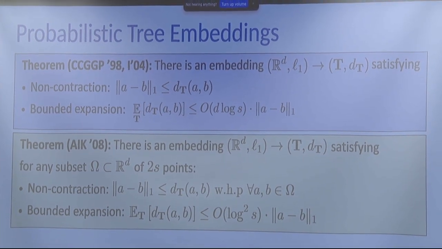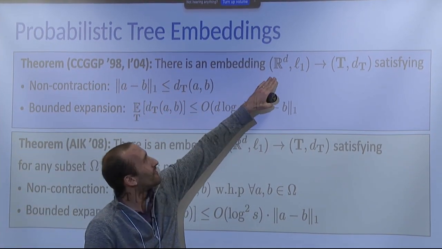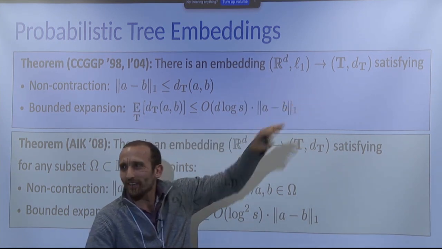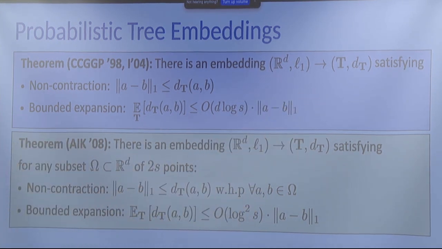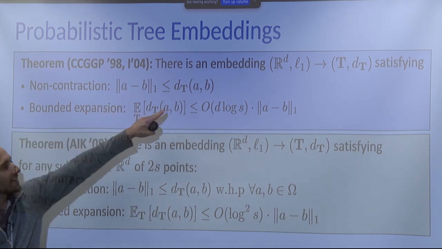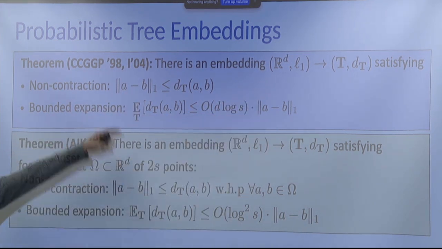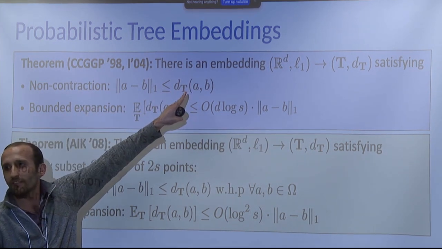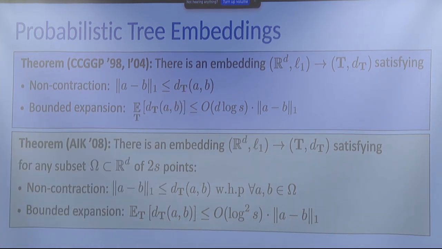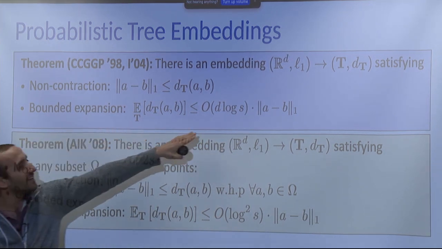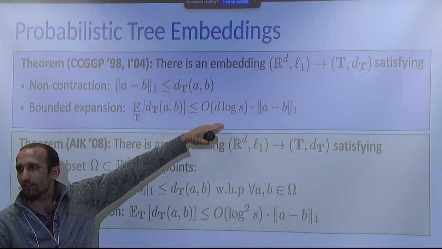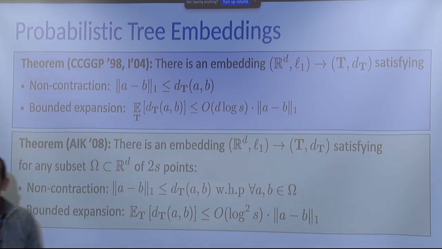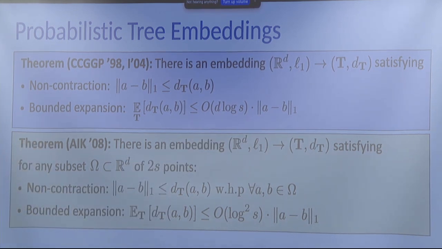They showed that there's an embedding from R^d into a tree, the one that we're going to use in order to embed EMD, such that for any two vectors in R^d, the distance does not contract, so after you apply the mapping, the distance doesn't shrink. And the expansion is bounded exactly by the approximation factor that we're going to see in the nearest neighbor search data structure. That was the first embedding.